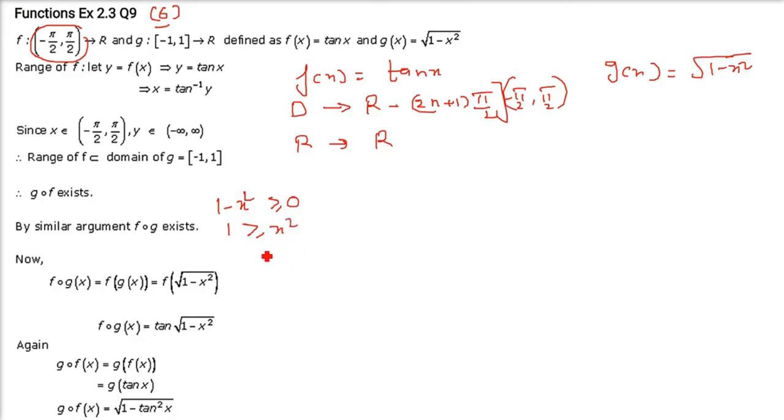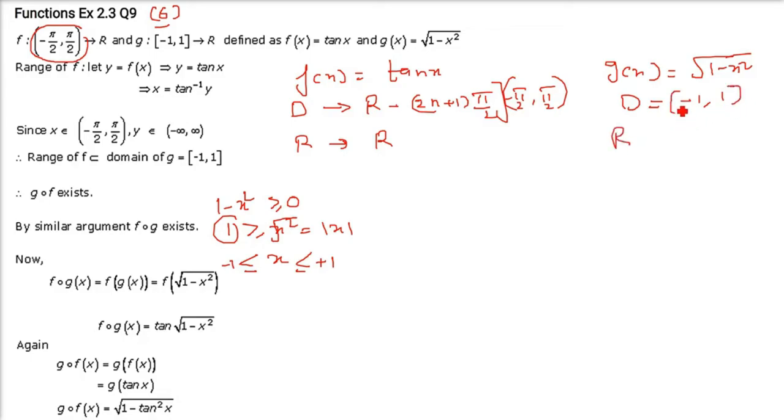So how do you do this? I already told you, under root of x square makes it mod of x. Mod x less than or equal to 1 means x is between negative 1 and 1. So the domain will be negative 1 to 1. And what is the range?